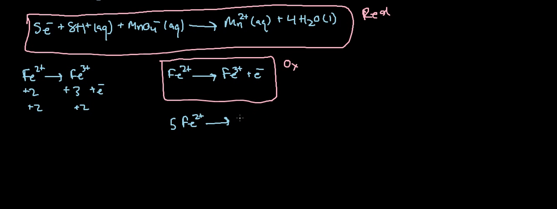And both sides are multiplied by 5, otherwise it wouldn't be even. It's just like an algebra problem, really. And I just made a stupid mistake. So now the electron transfer is balanced. 5 electrons over here, 5 electrons on the other side.